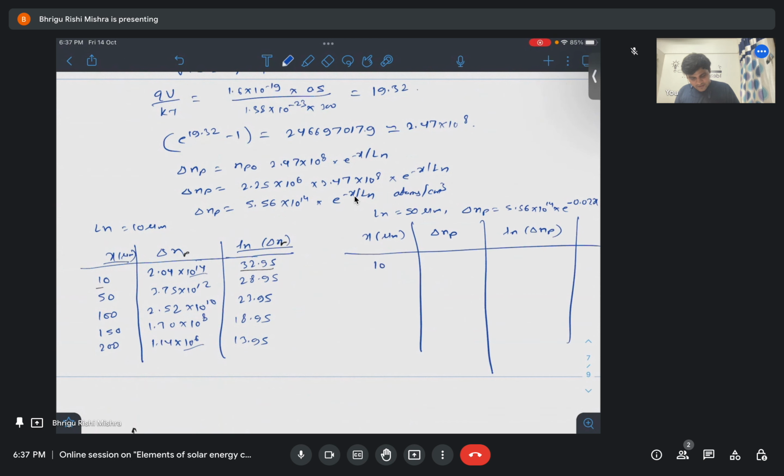So again we'll take the same set of x values: 10, 50, 100, 150 and 200.